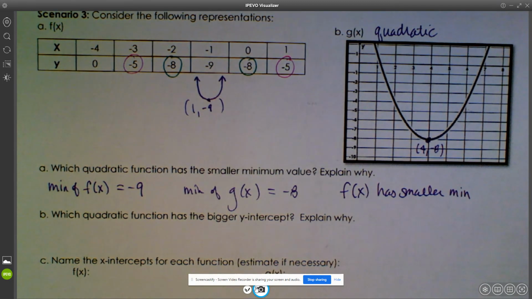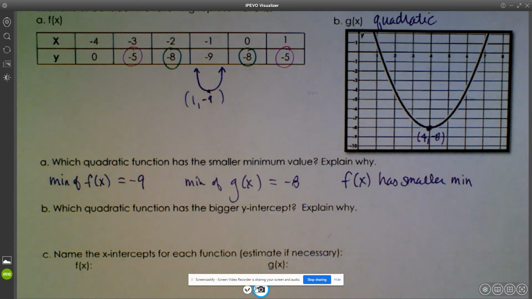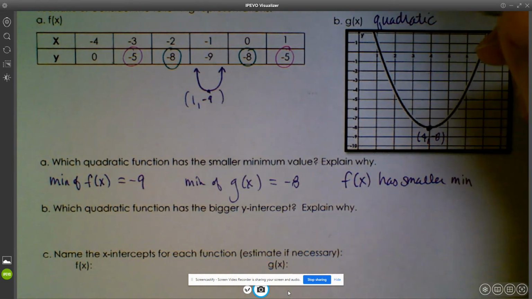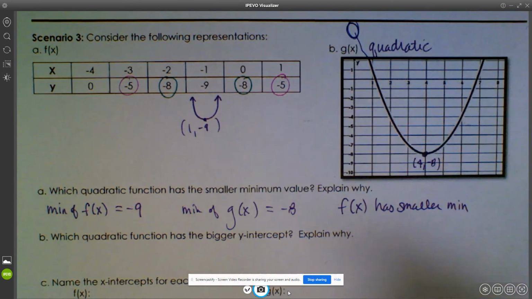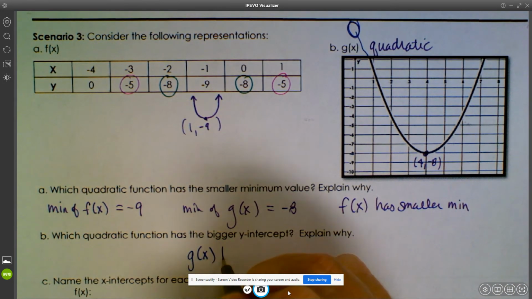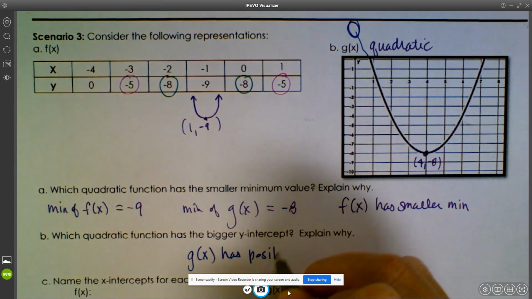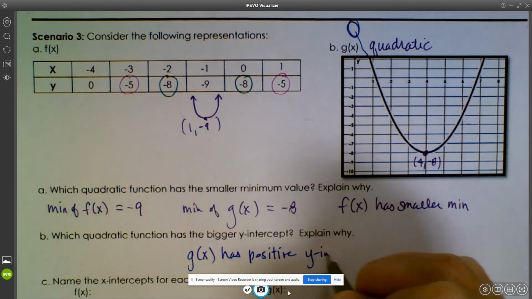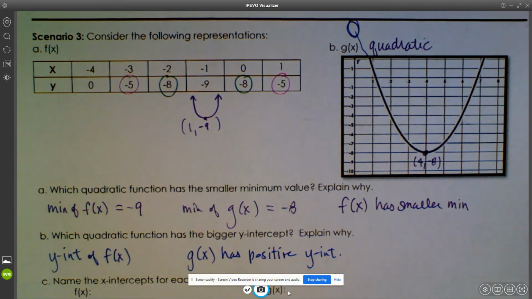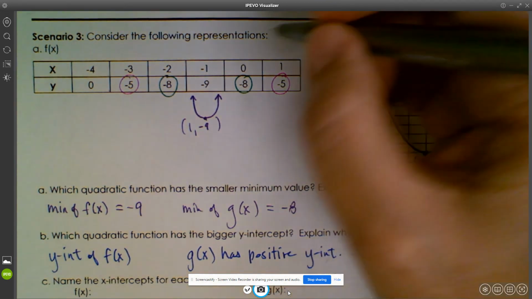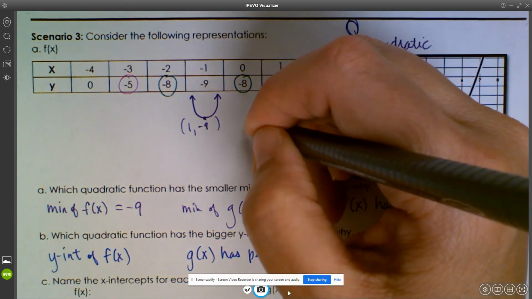All right. So for B, which quadratic function has the bigger y-intercept? Well, on a graph, you can pick out the y-intercept. The y-intercept here is going to be up here somewhere. So g of x has a positive y-intercept. F of x has what? Well, in a table, the y-intercept is where x equals 0.